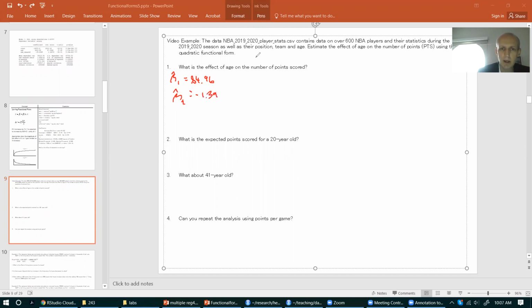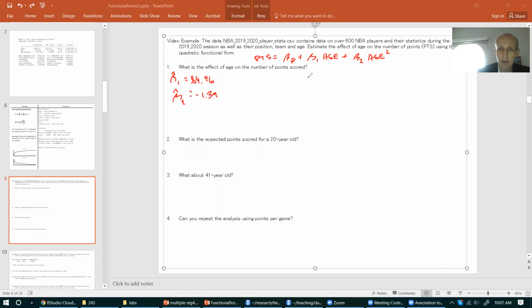And we're estimating a regression of points on beta 0 plus beta 1 age plus beta 2 age squared.